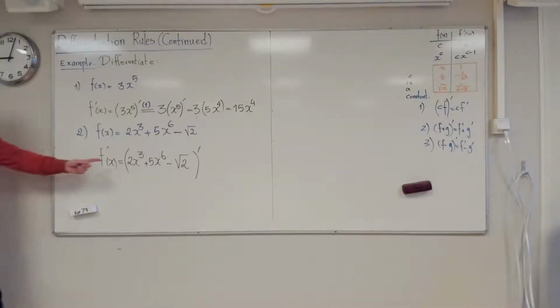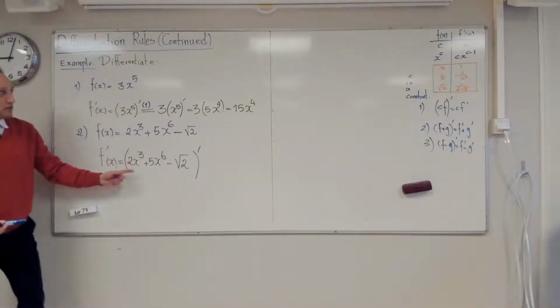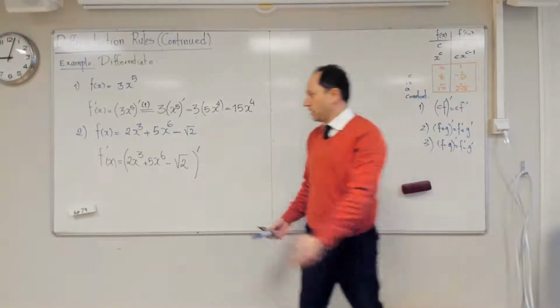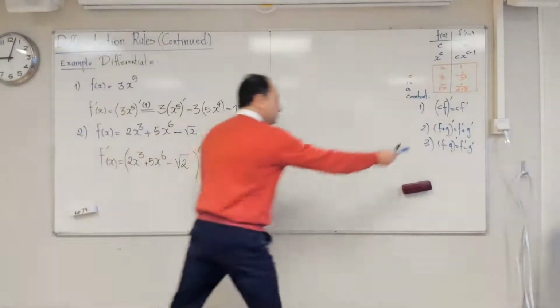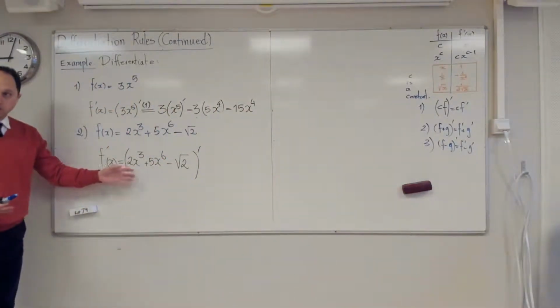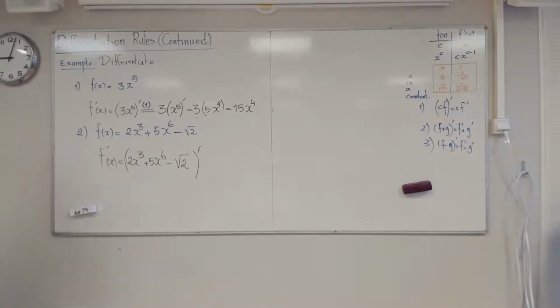But you see that this function in its entirety is not in my table. So I cannot answer it unless I can use these rules to decompose this somewhat complicated function into the derivatives of simple individual functions.